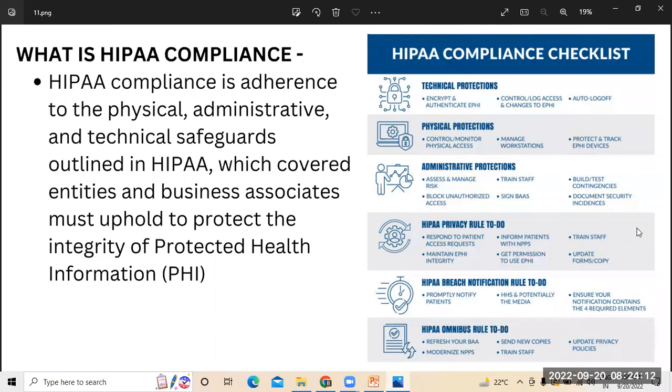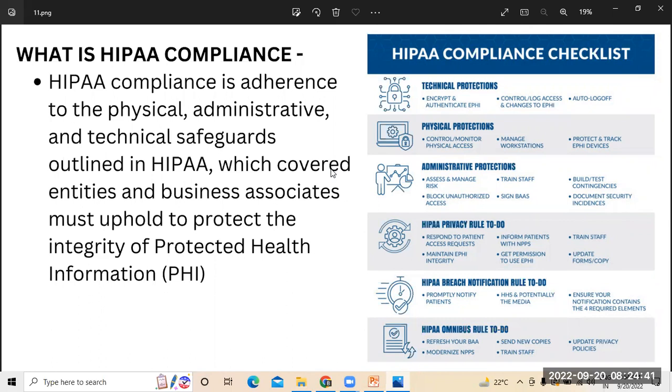So this is the compliance checklist which we normally follow in reference to HIPAA. As I mentioned, it majorly focuses on technical protections first. Second is physical protection. Third is administrative activities.